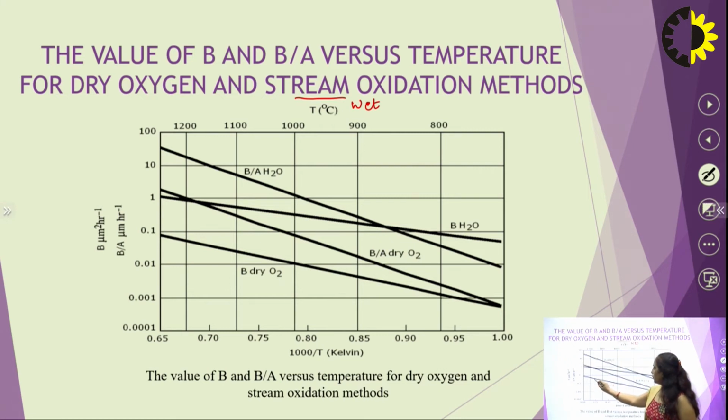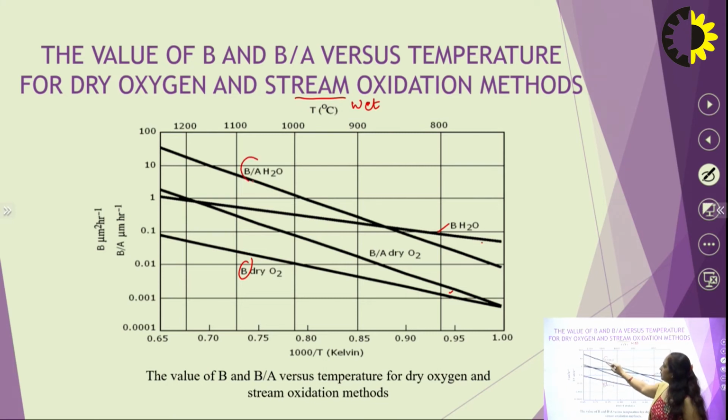So we have the factor of B when dry oxidation is taking place, and the factor of B when steam, that is wet, oxidation is taking place. We can see that in the case of wet oxidation we have more growth, and in the case of dry oxidation we have less growth.